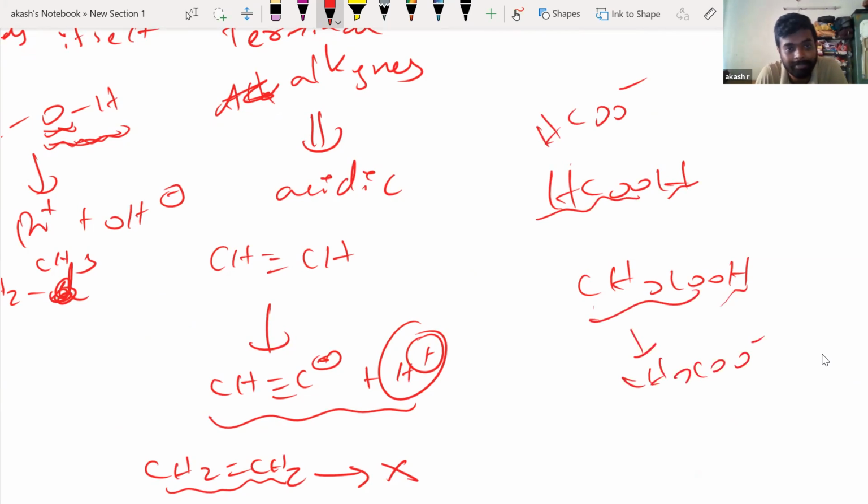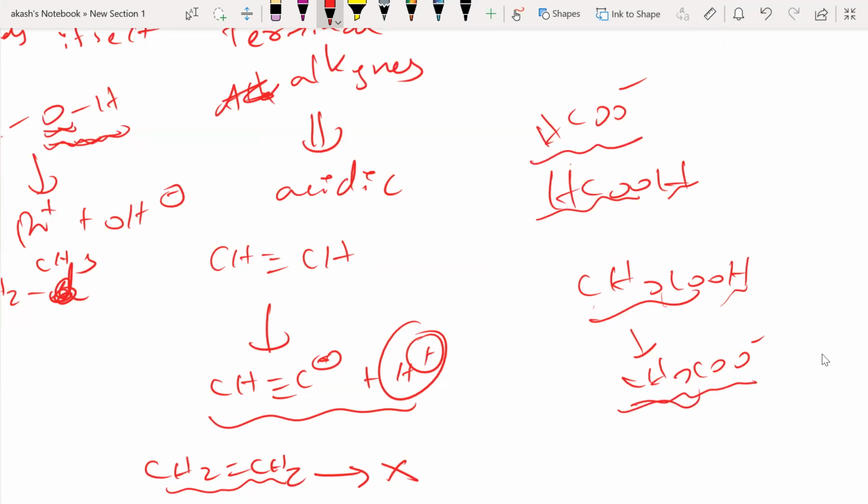So the stability of the carbocation. If you were really near me, I would have thrown a duster at you. Carbocation? Where is the positive charge here? What are these? Anions.